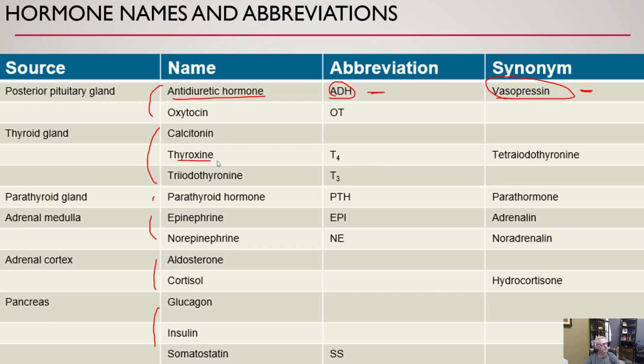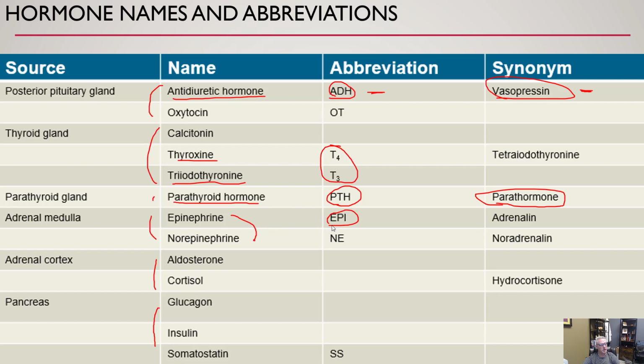So thyroxine, your thyroid hormones, thyroxine and triiodothyronine. Typically, we just say T3 and T4. Parathyroid hormone or PTH. I would say most people do not say parathormone. Most people just say PTH. You'll hear epinephrine and norepinephrine.